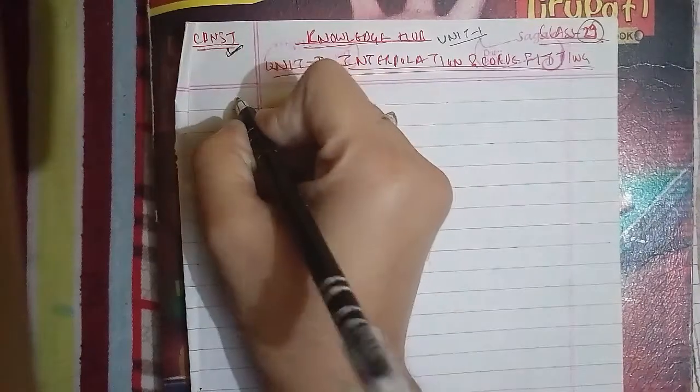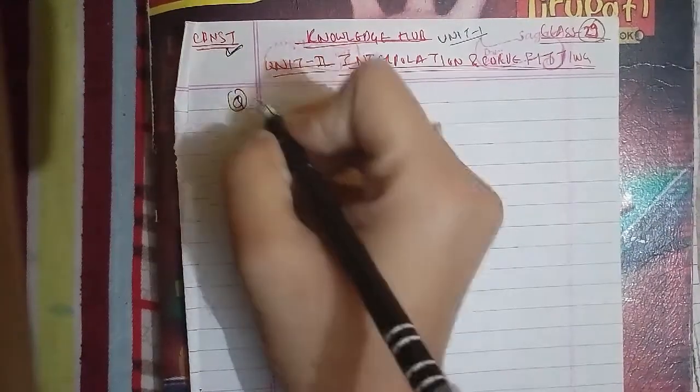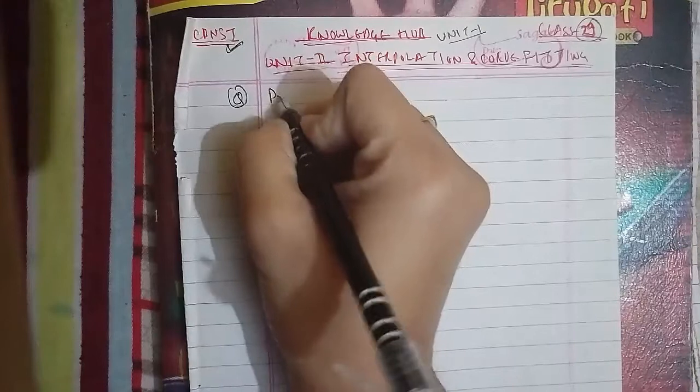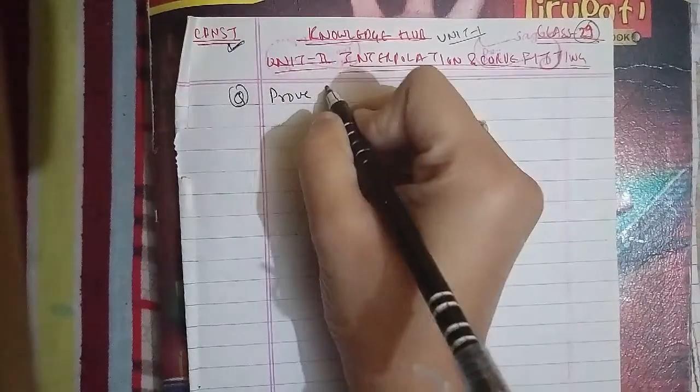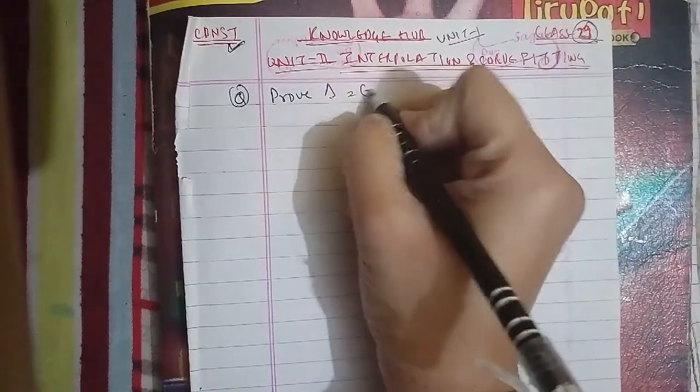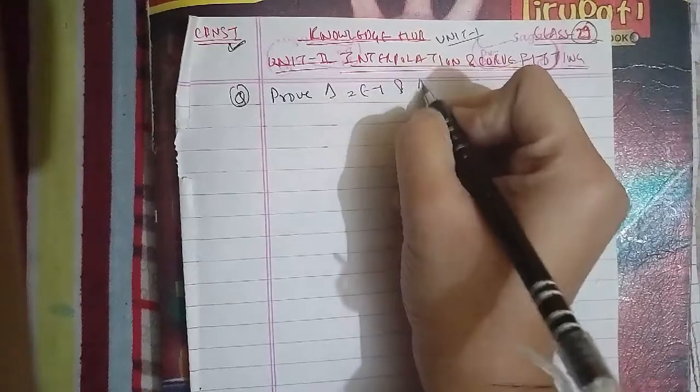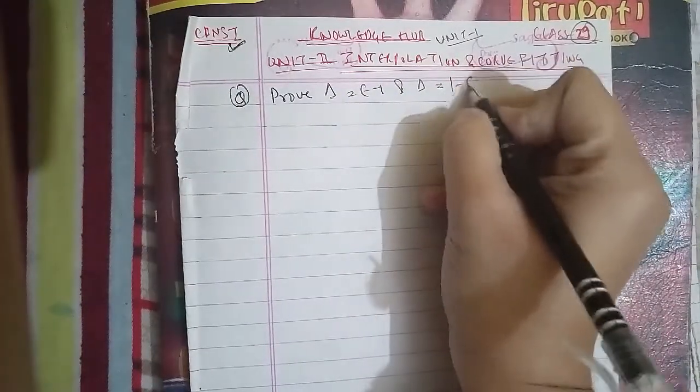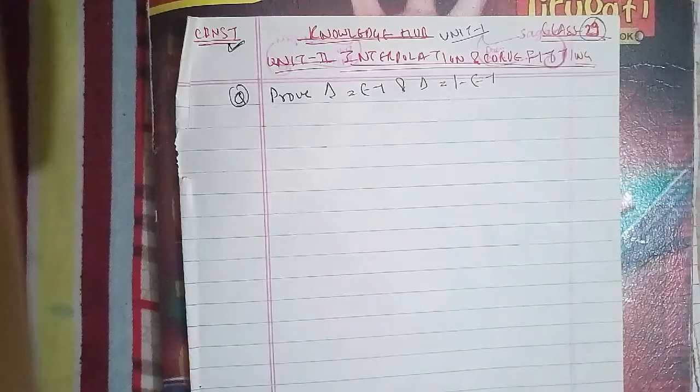The question we have: prove that the forward operator delta equals E minus 1 and the backward operator equals 1 minus E to the power minus 1, that is the inverse.